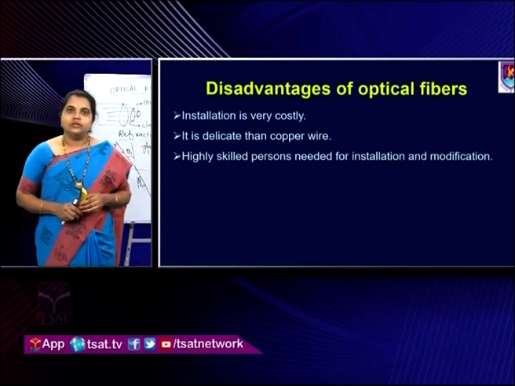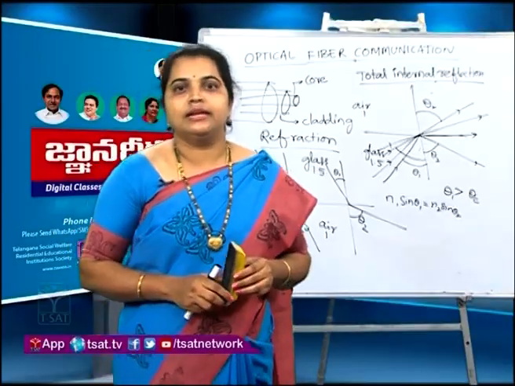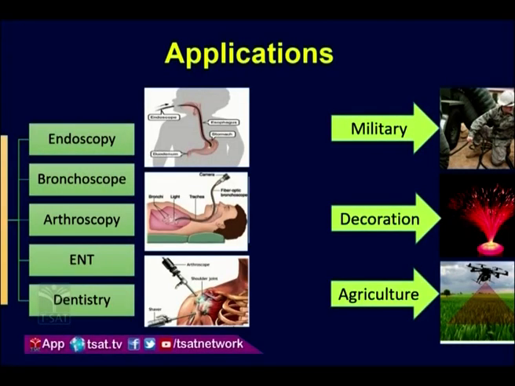Now, look at the applications. We have a number of applications, but a few of them we discuss here. In the medical field, I hope you have heard the name endoscopy.